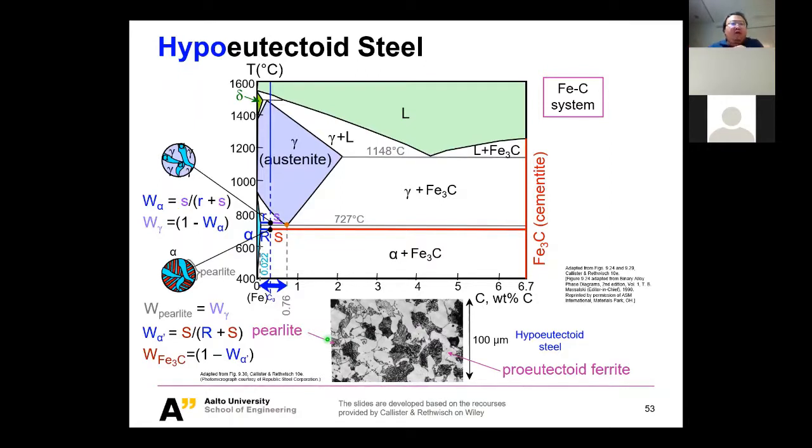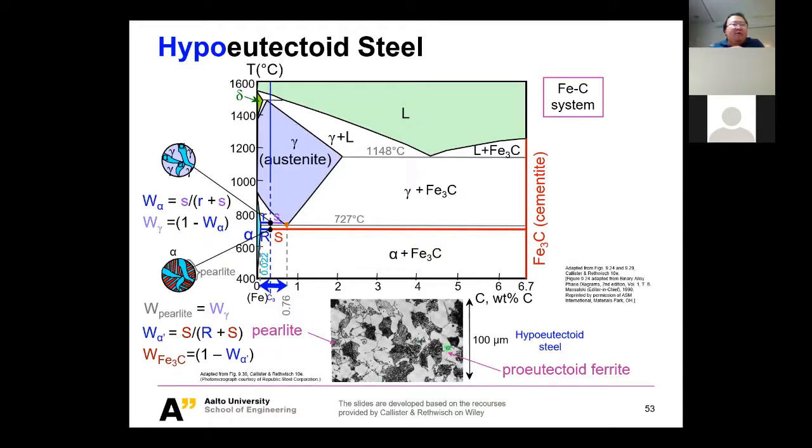And if you're interested in knowing the pro-eutectoid alpha, the fraction of this white one, that's the tricky part, because to know the white one, you have to know the non-white one. If you subtract the pearlite, what remains is the pro-eutectoid alpha, so ferrite.